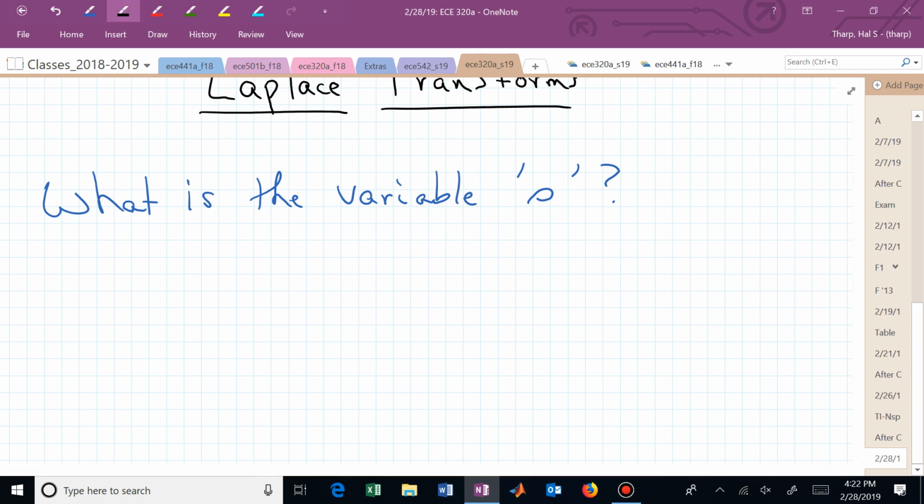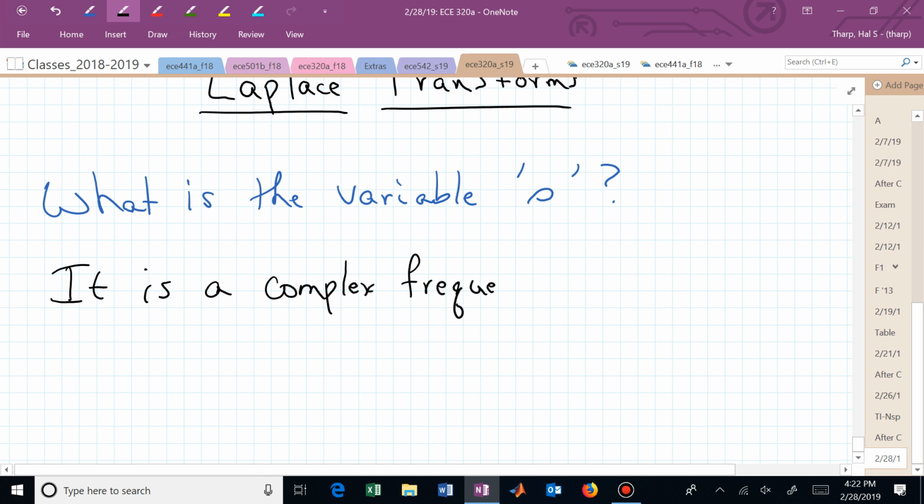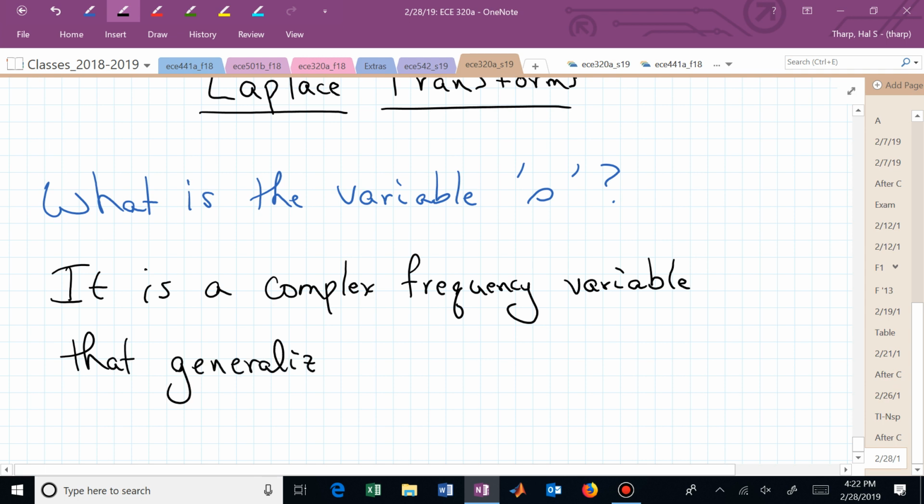What is the variable s? Are there remaining questions before we start figuring out what s is or does? This is s, it is really a complex frequency variable that generalizes the phasor concept.